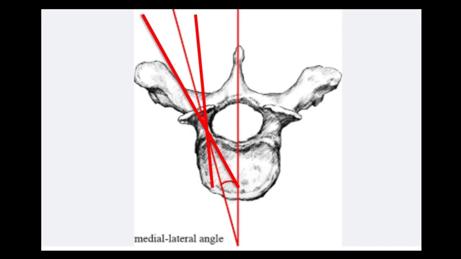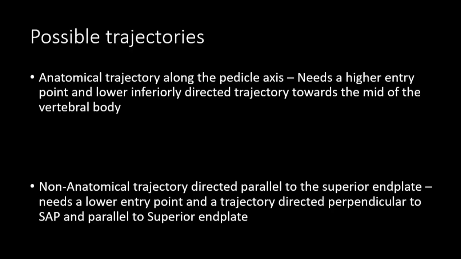You can take a slightly lateral entry point and have a more medial angulation, and you can still pass the pedicle screw acceptably. You can take a slightly medial entry point and also pass a screw, but you have to give much less medial angulation. So in short, there are multiple possible trajectories: anatomical trajectory and non-anatomical trajectory.